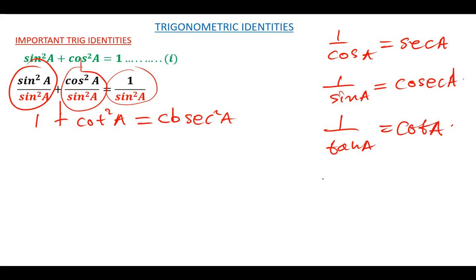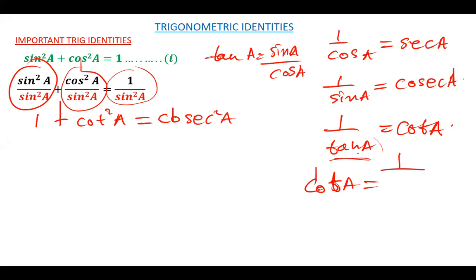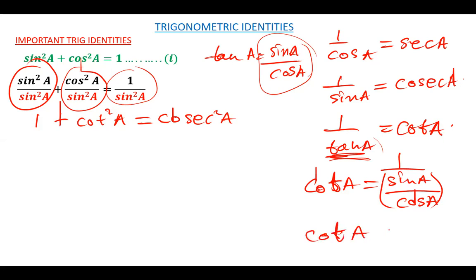So this is also important. Then cot A can also be written as, because we know that tan A is simply sine A over cos A, we can say 1 over tan A, where there's tan A here, we can put sine A over cos A. So the reciprocal of sine A over cos A is also cot.